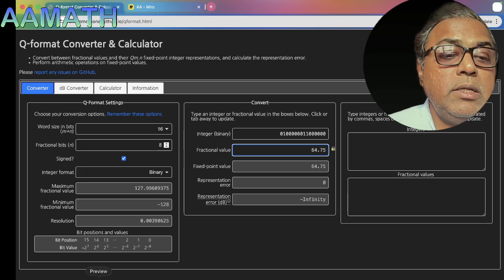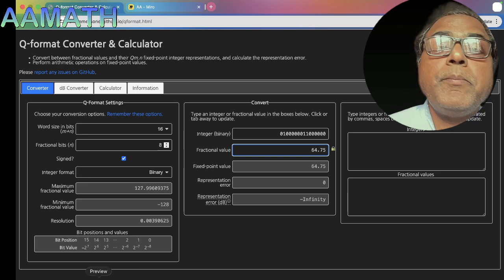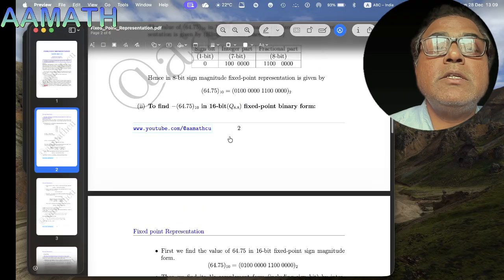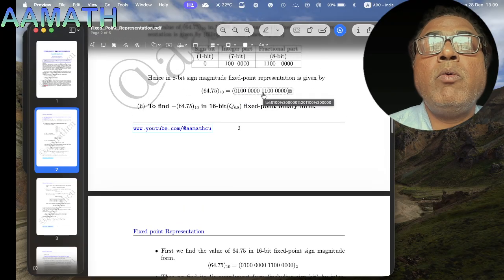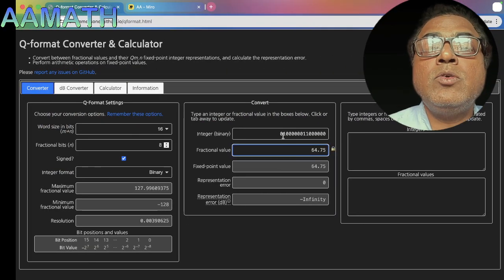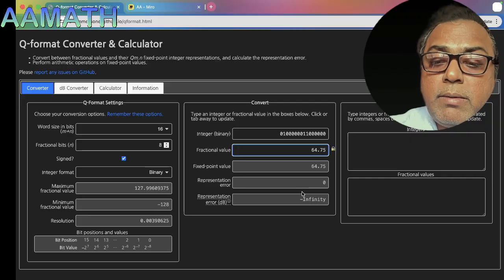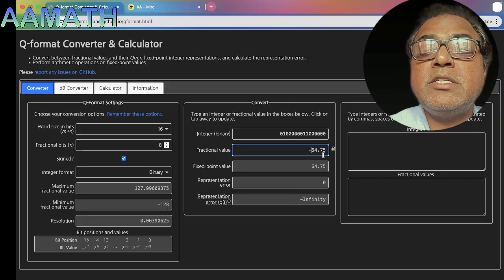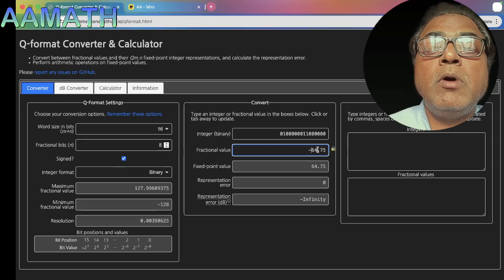This is 0 1, 6 zeros, 1 1, then 6 zeros. We put here a minus, so minus 64.75 in decimal form.